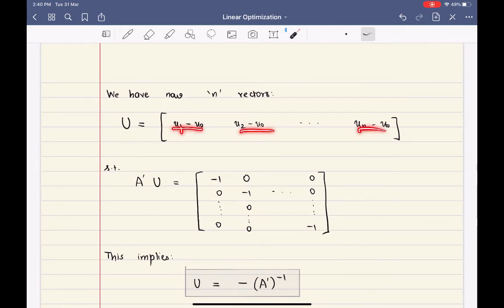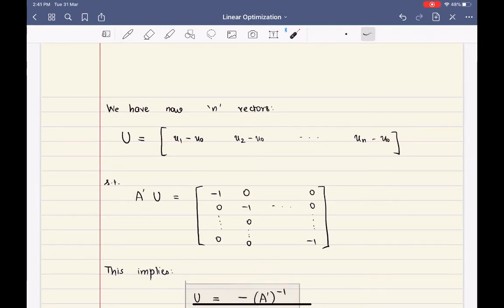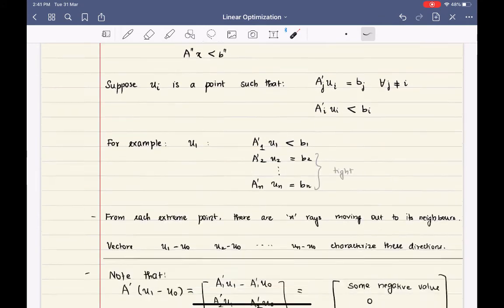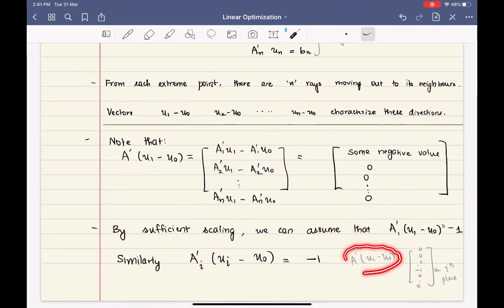There are n vectors. Now note that from the previous thing we have, if I multiply this matrix by A prime, the first row of A prime multiplied by the first column of this will give minus 1, and the second row and first column will give 0, and so on. Essentially, A prime of ui minus u0 is this thing.